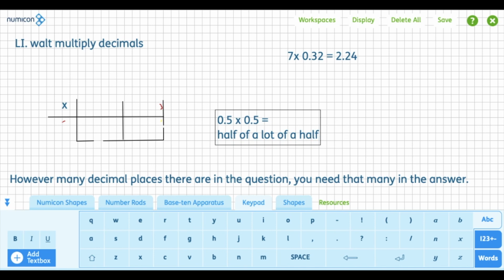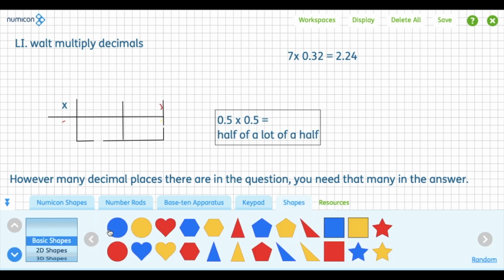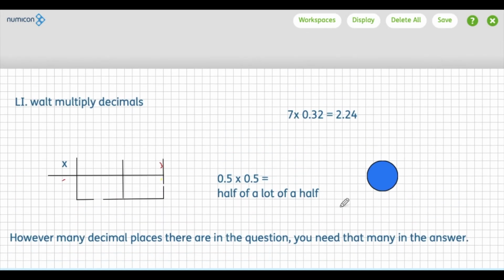So if we get our shapes back out, okay, so if we have our shape here, and I split my shape into a half with a line down the middle, okay, so I'm speaking about this half over on this side. This is the half that I'm concerned about.